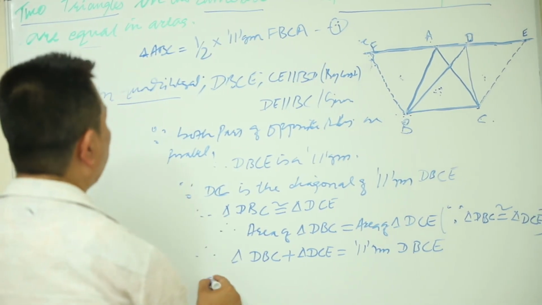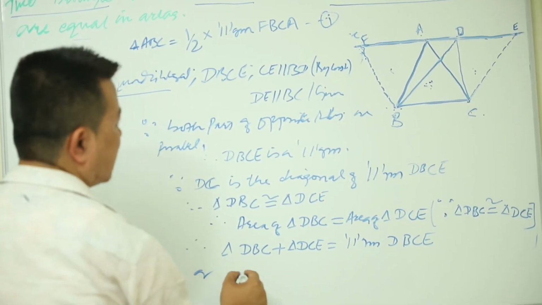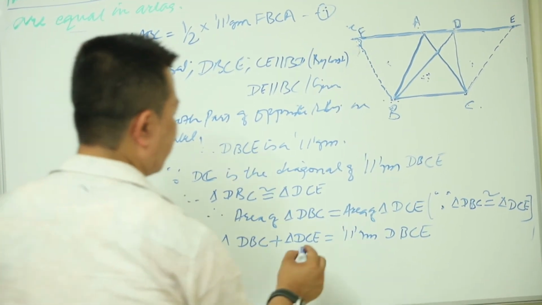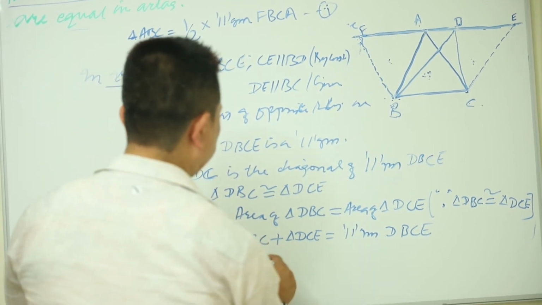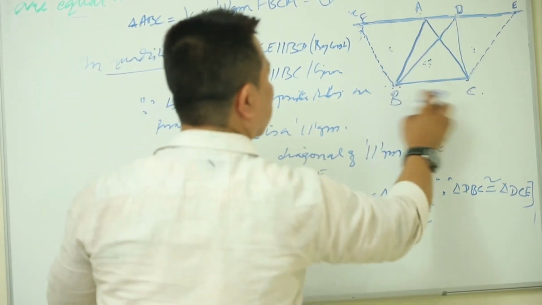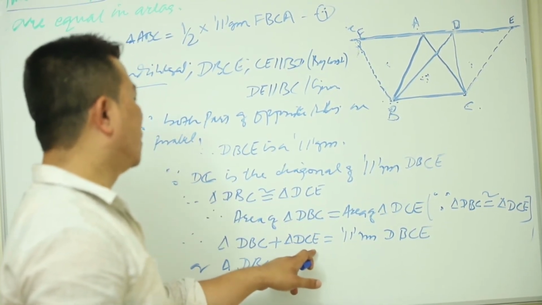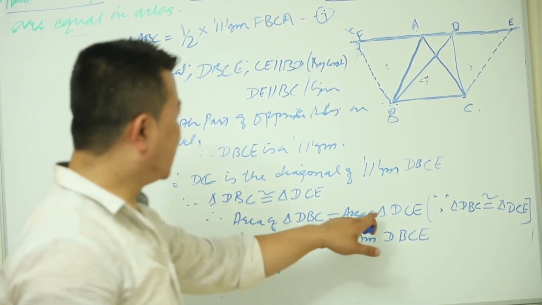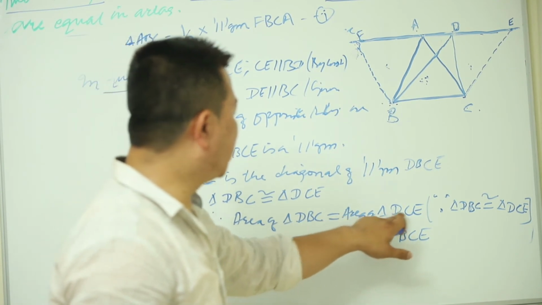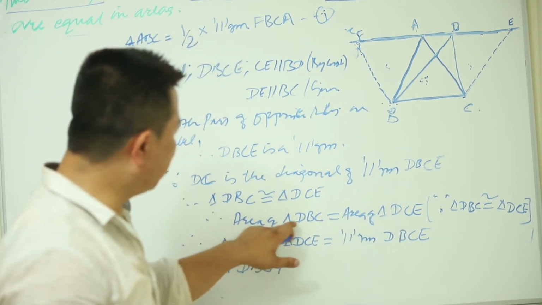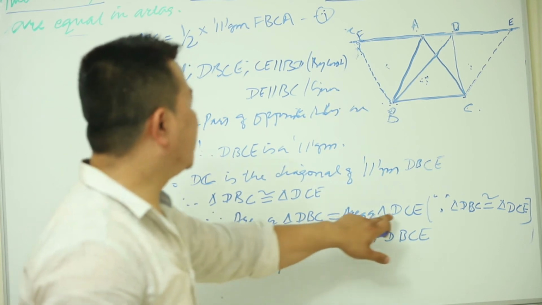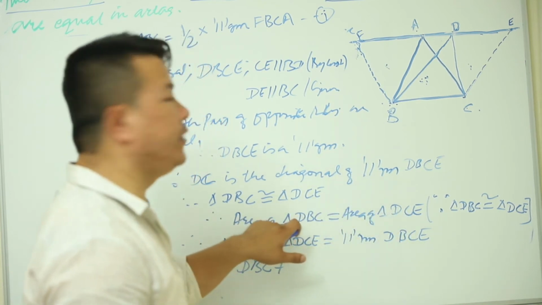Now see here, triangle DBC will remain as it is because we need this triangle DBC. In place of triangle DCE, one step before, area of triangle DCE is equal to triangle DBC. Meaning in place of DCE you can write DBC.